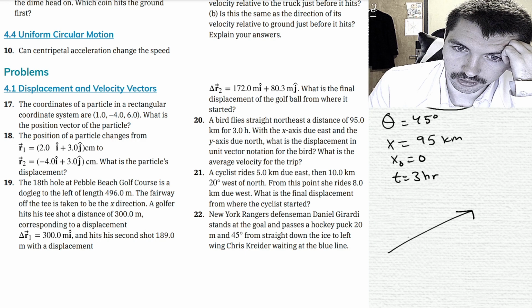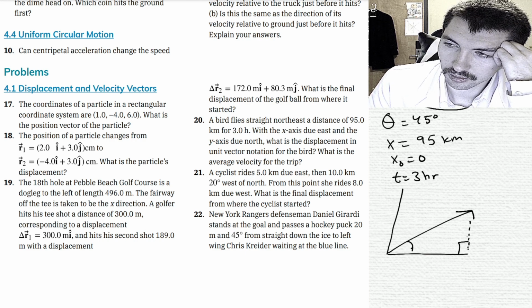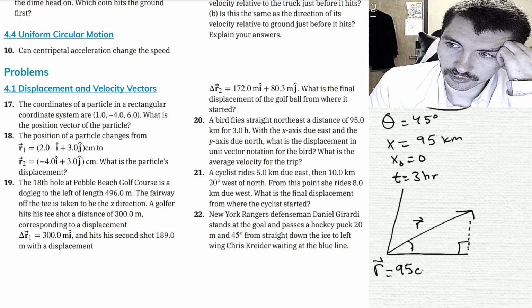Okay, so they want the displacement. They want this vector in components. All right, we've done this 1,000 times. If this is our vector r, r is going to be magnitude, so it's going to be 95 cosine of the angle plus 95 sine of the angle.